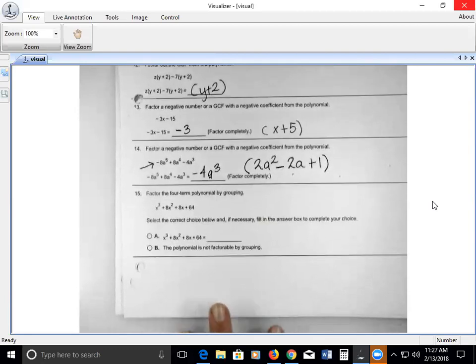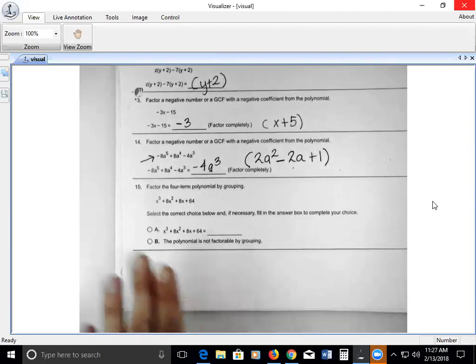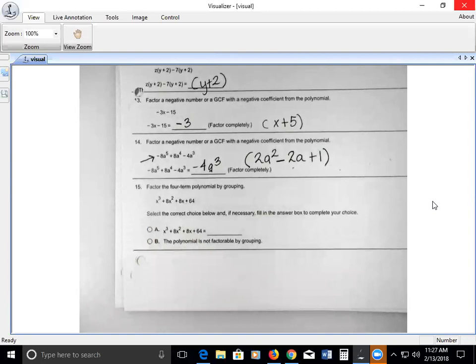Question 15 says, factor the 4-term polynomial by grouping. Anytime you have 4 terms, you're going to factor by grouping.